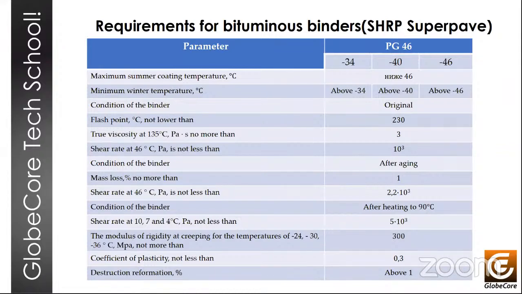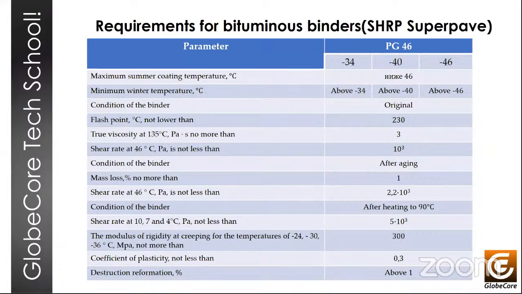The main argument against those old standards boiled down to the fact that those indicators didn't meet the operating conditions of bitumen in actual roads and were only based on practical experience and empirical dependencies and not on any fundamental physical or chemical principles or laws. And the SuperPave specification system focuses on the determination of the rheological properties of those binders, taking into account 3 life cycles or stages of bitumen.